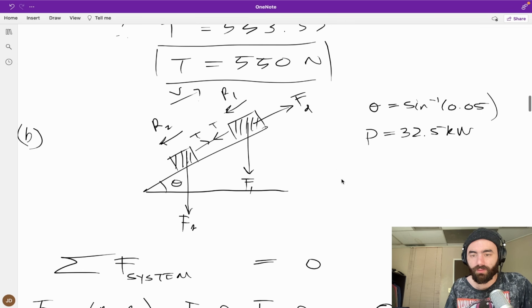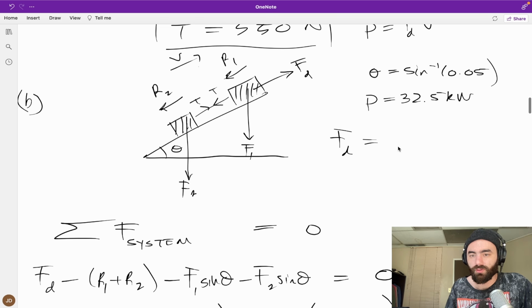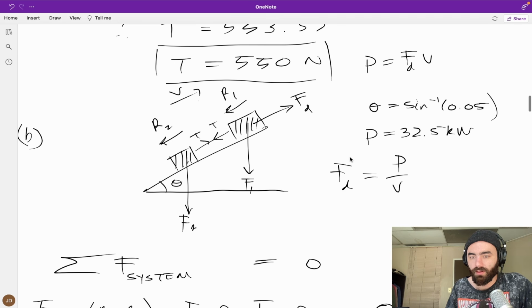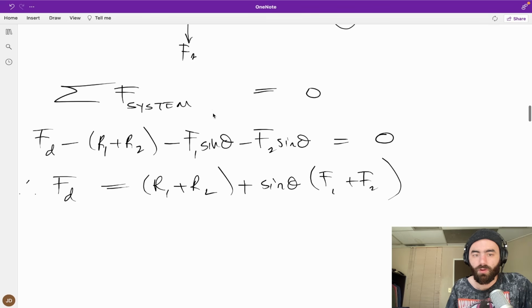And Fd equals power over the velocity. If we want this, it's just going to be the power which it's producing divided by the velocity it's moving at, which we want.